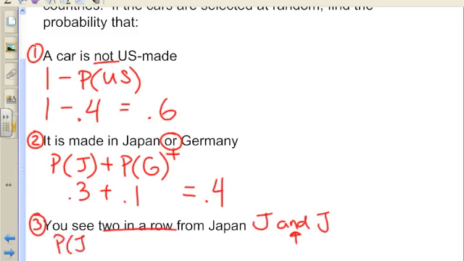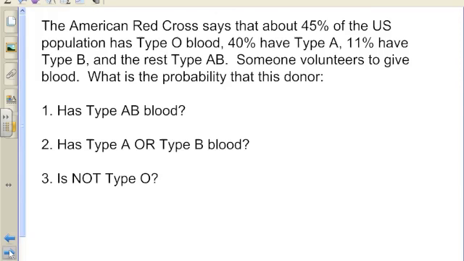So this is going to be the probability of Japan times probability of Japan. Again, Japanese was 0.3, so this is going to be 0.3 times 0.3, which is 0.09. Be real careful multiplying your decimals. And that's our answer.